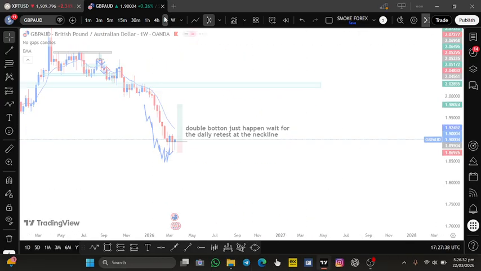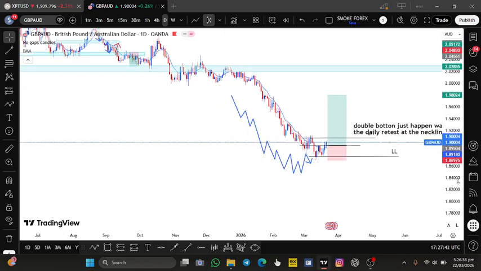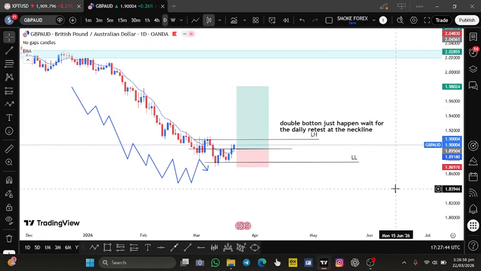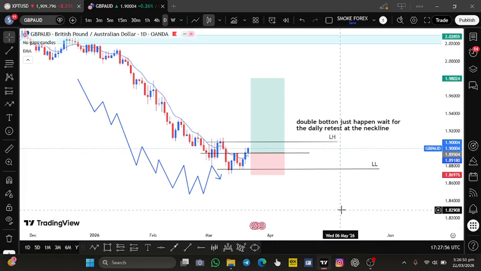Going down to the daily time frame, I can see clearly that we have a daily chart pattern called the double bottom. The double bottom just happened on the daily.